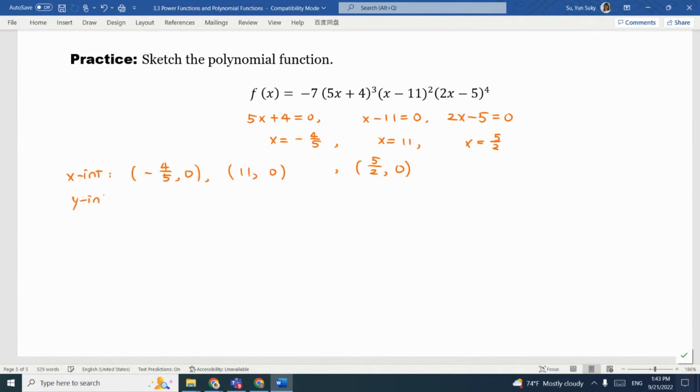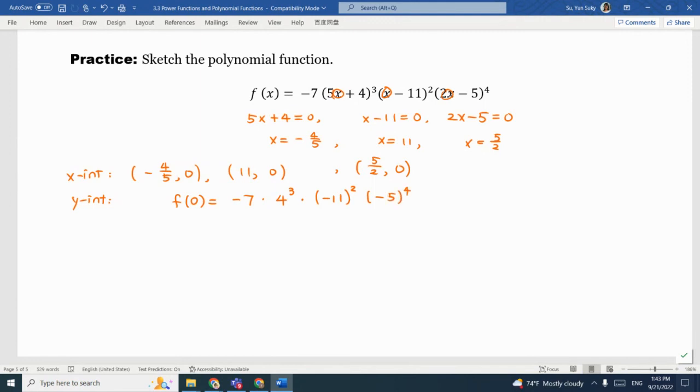Next, to find the y-intercept, we plug in x is 0. When we plug in x is 0, we have -7 times 4 cubed, and x is 0, so it's -11 squared, and -5 to the 4th.